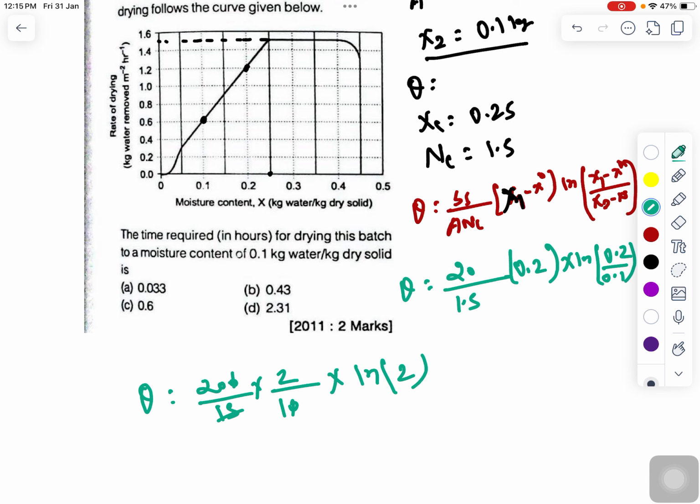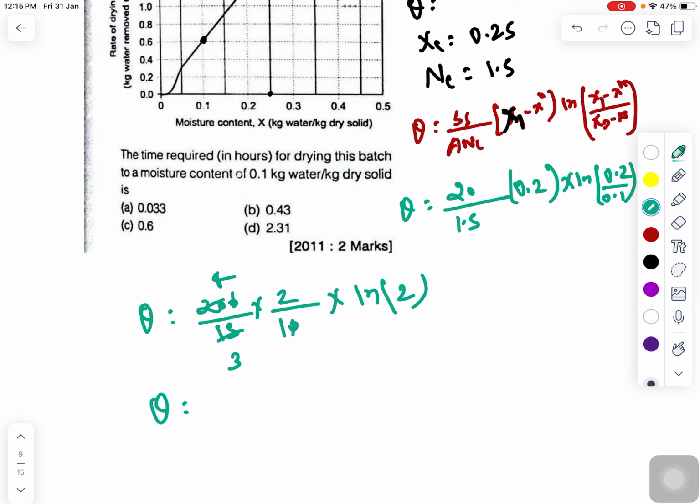If you calculate this value, you get theta equal to 8 by 3 ln 2. Let's try to calculate how much value you are getting for theta. This time is for the falling rate period, but here you are supposed to calculate these things.